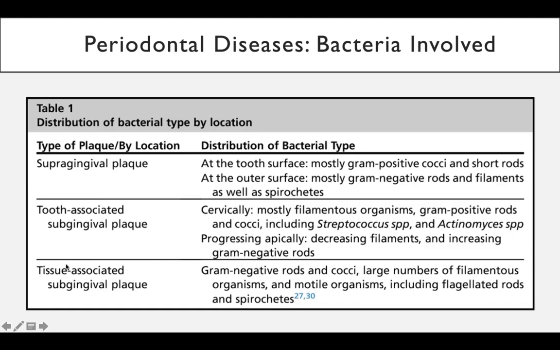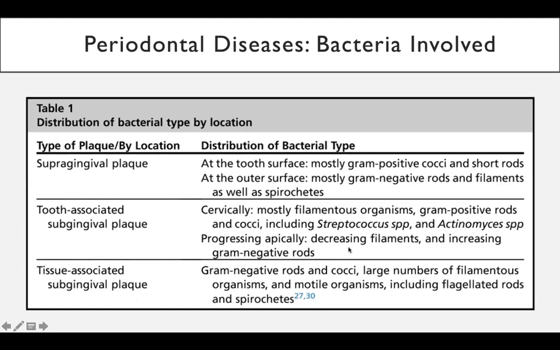And then we go to the subgingival plaque, tissue associated. When it is tissue associated, there are gram-negative rods and cocci. Tooth associated, cervically, is gram-positive rods, and then progressing apically towards the root, going downwards, it is gram-negative rods.